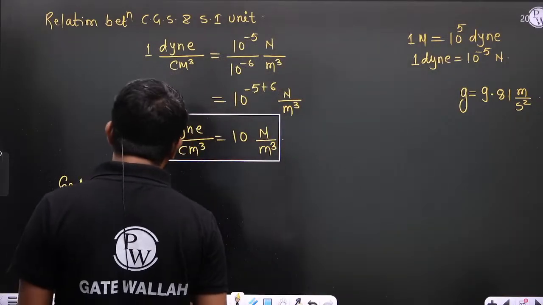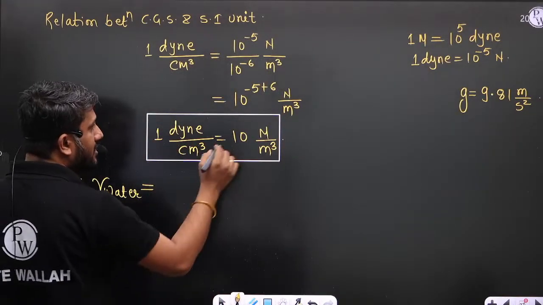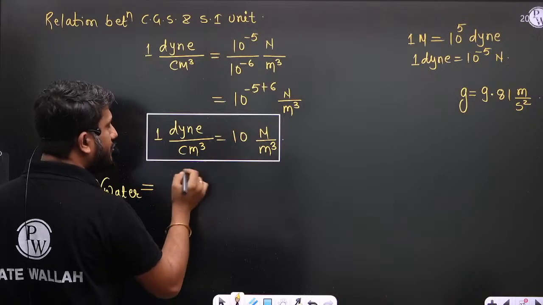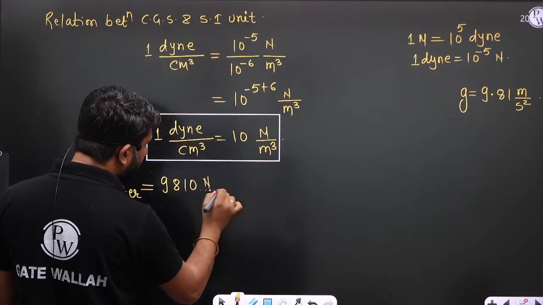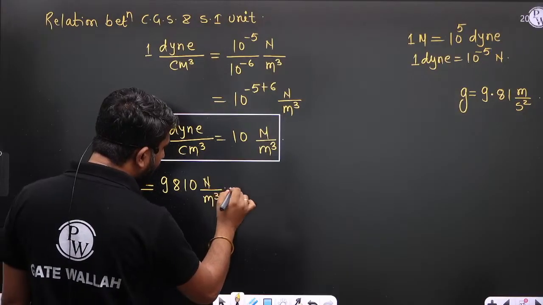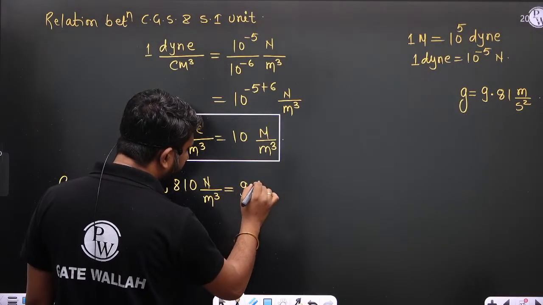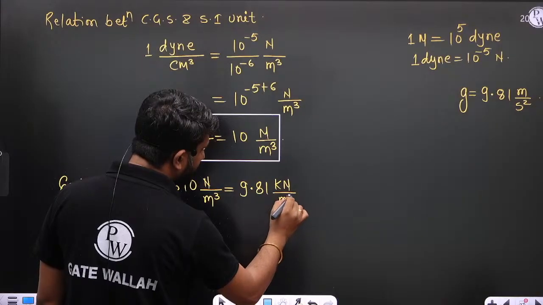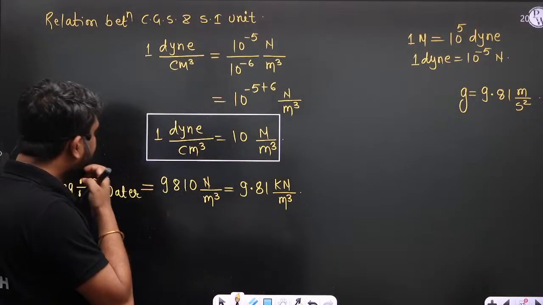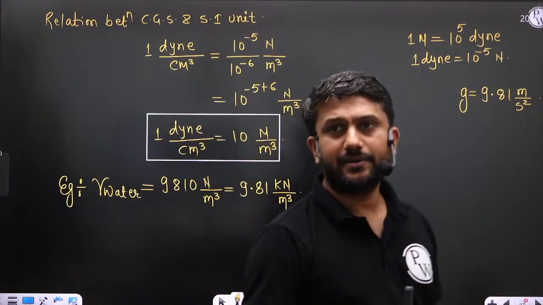So what is the value of gamma for water? This is simply 9.81 into 1000. So this is 9810 Newton per meter cube, or we can write 9.81 kilonewton per meter cube.